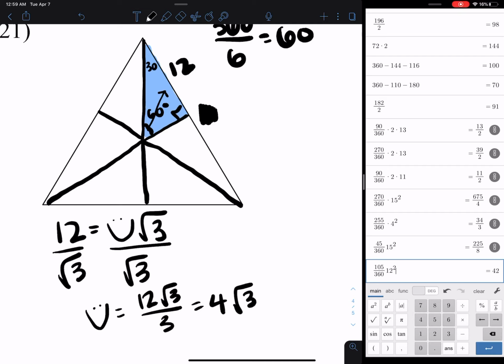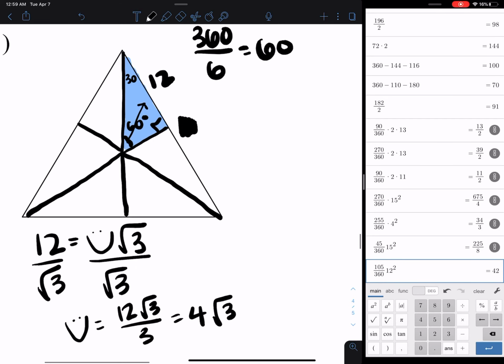So you could round it here, or you could leave it as 4 square root of 3. But if you round it again and again, it'll bring that rounding error through the problem. But that's okay because it's multiple choice, so you should be able to select the correct answer.